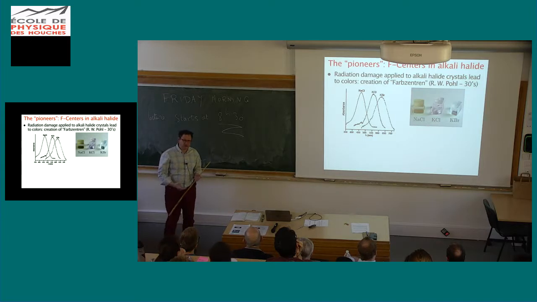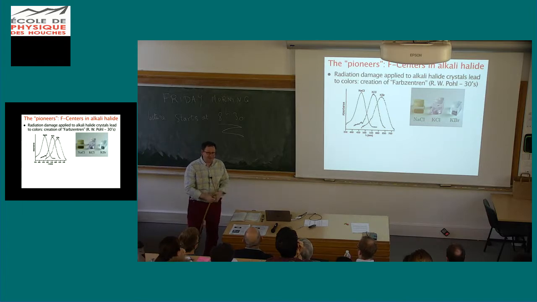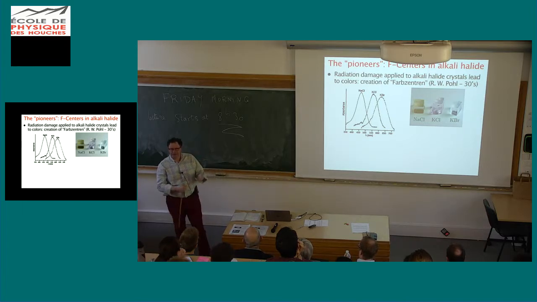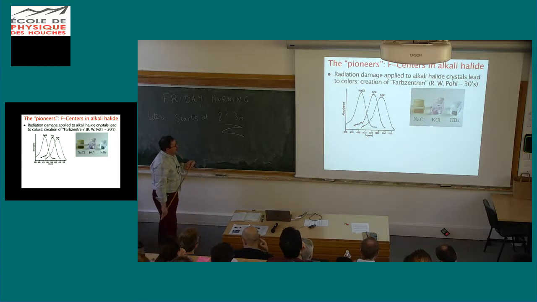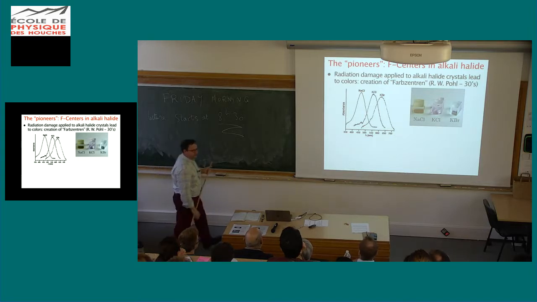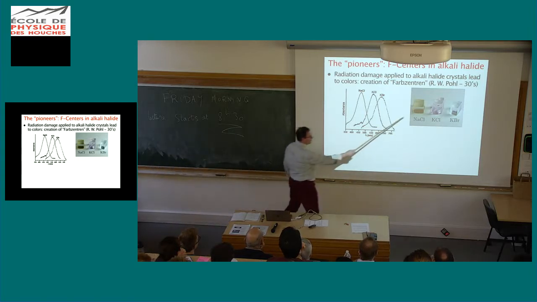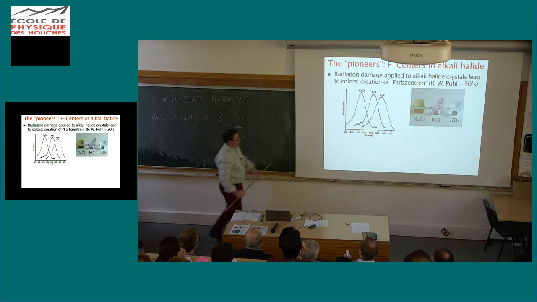And this yellow color can be produced by irradiation, and for instance you find that in rock salt mines which are close to nuclear sites. And you can also create them artificially by, for instance, putting those crystals close to a nuclear reactor, a real one, and you will produce these colors.